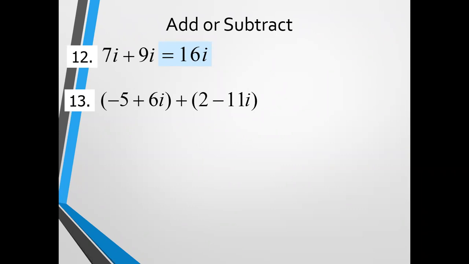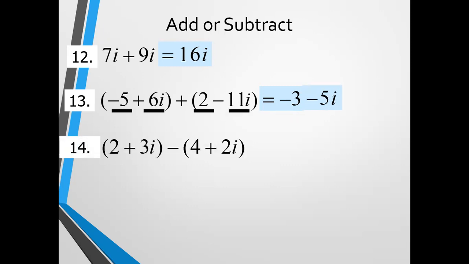So you add minus 5 to 2 and you add plus 6i to minus 11i. When you add minus 5 to 2, you get minus 3. And when you add 6i to minus 11i, you get minus 5i. And that's how you get your answer.